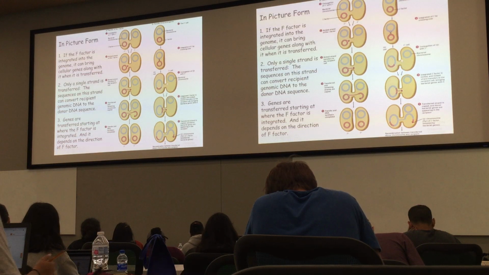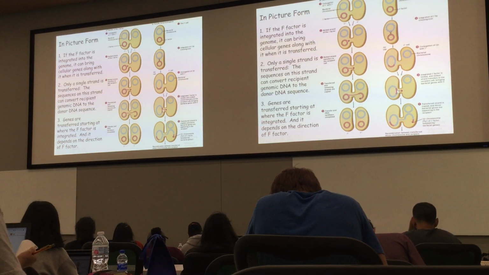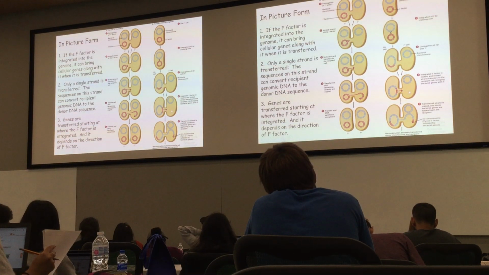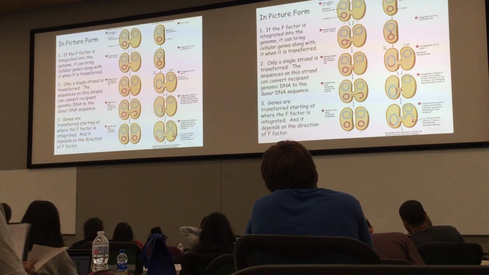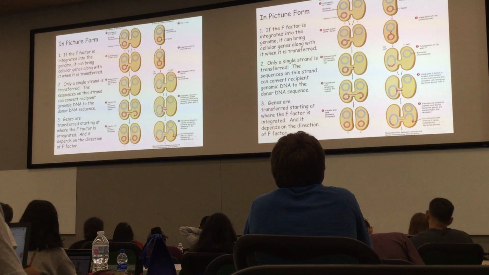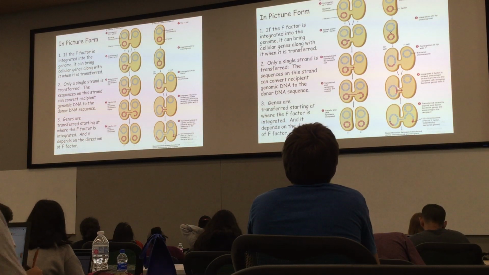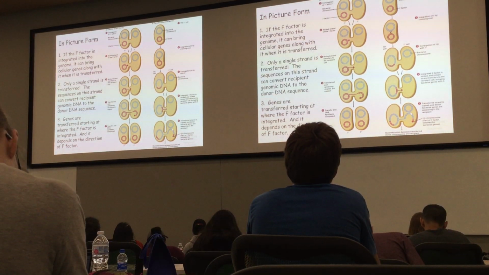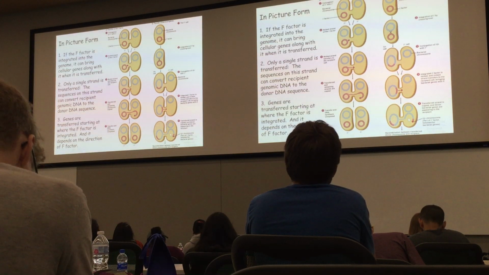So we get the same type of thing happening here as we saw over here. We have the bridge form, we have a nick occur in the F factor DNA just like it's supposed to, and now we start to spool across a strand of DNA of which the first part is going to be F factor, but later, because there's a directionality to this, you start to bring in nearby parts of the bacterial chromosome. So you move over part of the F factor, and then afterwards, part of the donor chromosome itself, okay?